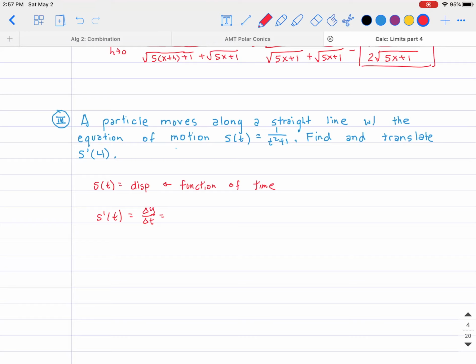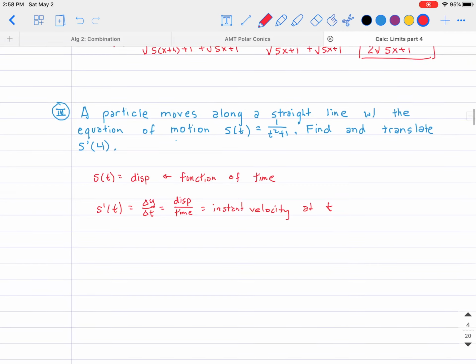So, kind of like the change of dependent divided by the change of independent. So numerator, again, is going to be displacement. Denominator, that's going to be time. And anytime you say displacement over time, what comes to mind is that it's going to be velocity. So that's what we're actually solving for. And to be a little bit more specific, it is the instantaneous velocity at the value of t.